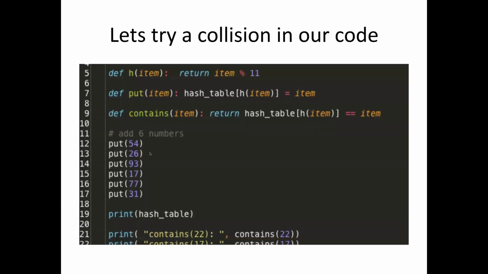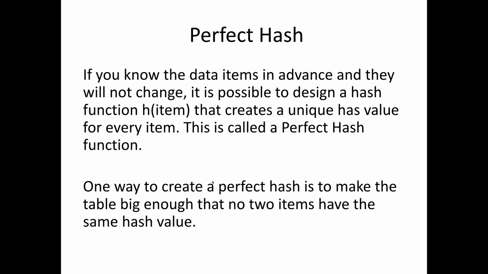So what do we do with that? You can see that there's a collision of 22 and 77. Okay, so there's more terminology here. A perfect hash is a hash function that creates a unique hash value for every item.